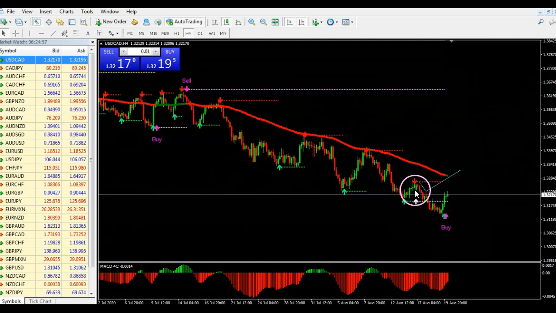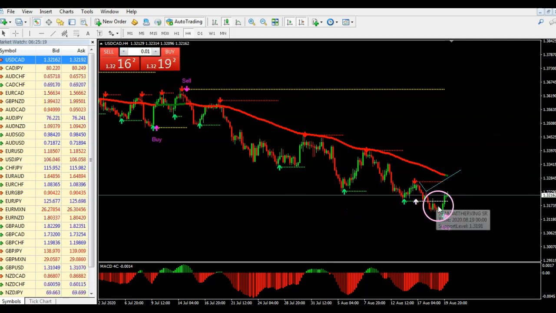But pretty much USDCAD started moving down lower. It broke the low, so we went a little bit past. We always have to remember that support and resistance are areas. They're not strictly lines, so we have to understand that part right there.